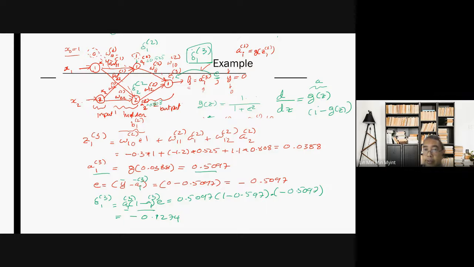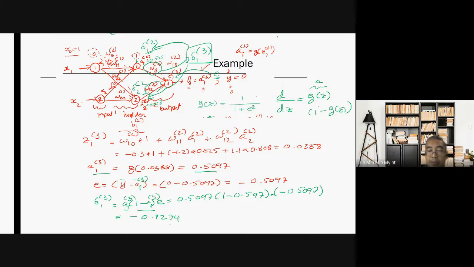Or just an error, and then this error needs to be transferred back to here and here. To transfer back to here and here, what we have to do is multiply this weight with this error. If we multiply like this, we will get this error and this error.